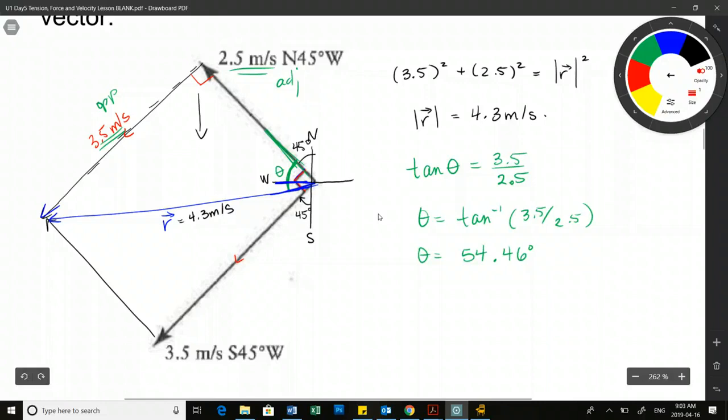So some of you guys talked about how this is 45. So if that little piece is 45 inside there, and I want to find this blue little slice inside here, all I need to do is take 54.46 and subtract 45 to get my direction below the horizontal. So we're going to do 54.46, subtract 45 degrees.